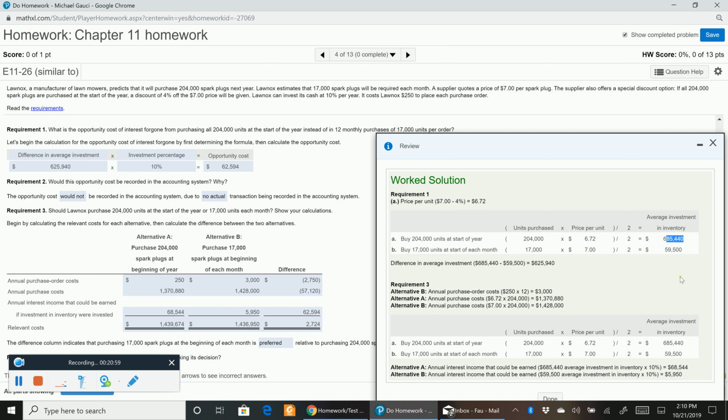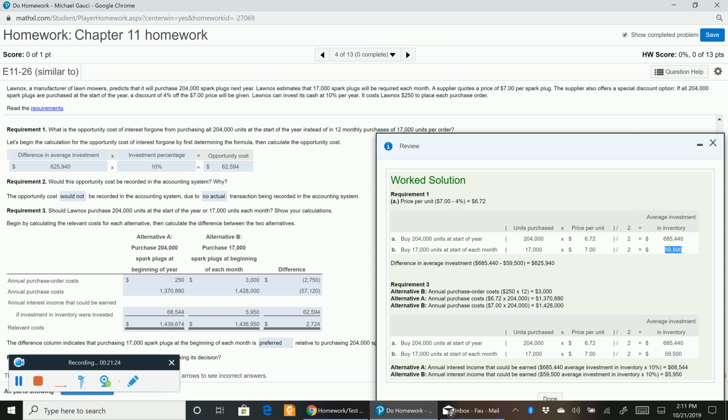Our cash is basically tied up in that inventory. Versus if we buy 17,000 spark plugs a month, 17,000 times the full $7, we don't get any discount. And once again, as I said earlier, we'll divide by 2. So the average investment at any given time in the inventory is only $59,500.